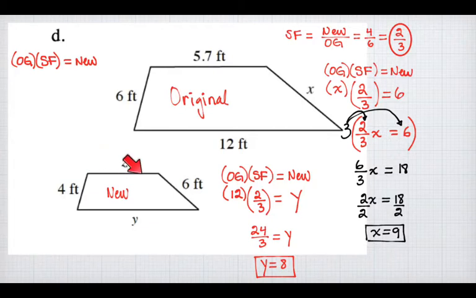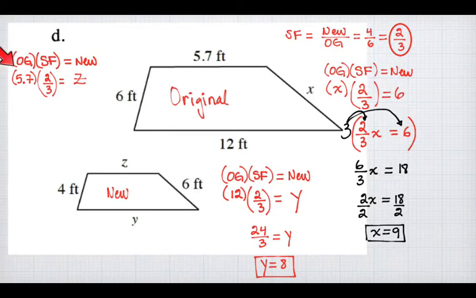Z corresponds to which side? The top. So this right here is 5.7, right? So between 5.7 and z, which one is the original? 5.7. So 5.7 goes right here. So this becomes 5.7 times the scale factor, which is 2 over 3, equals z.